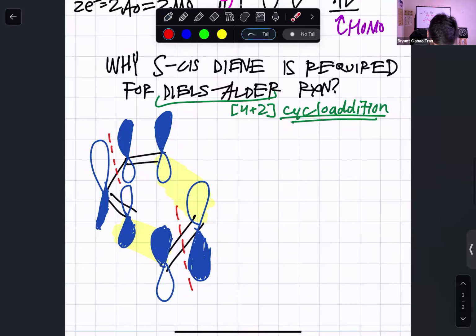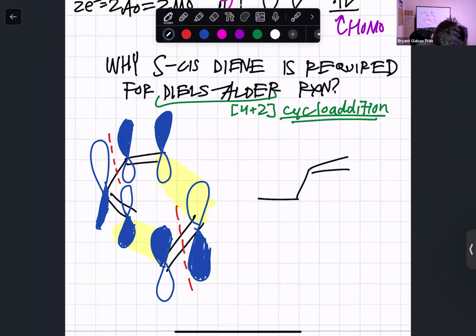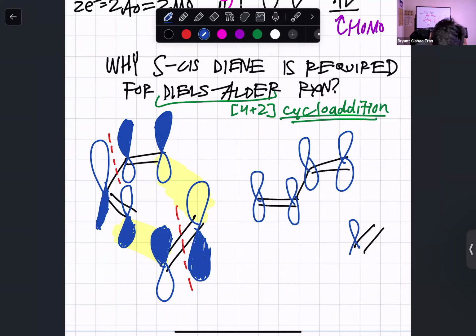Yeah, so that's why this S-cis configuration on the diene is required. Let's say that we drew the diene in the S-trans configuration, right? And then we draw in the HOMO of the diene and the LUMO of the dienophile, like this.